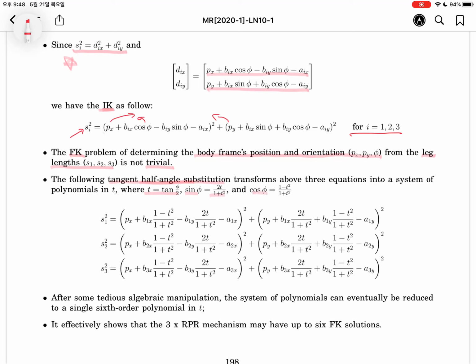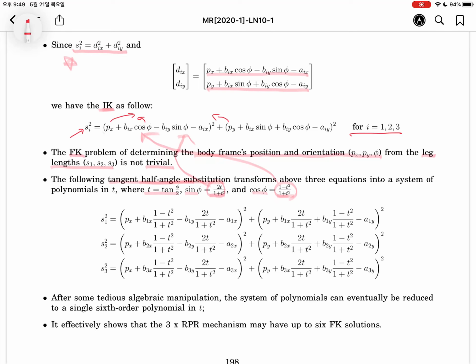The cosine will be denoted by 1 minus t squared over 1 plus t squared. So these two expressions will be applied here and here.